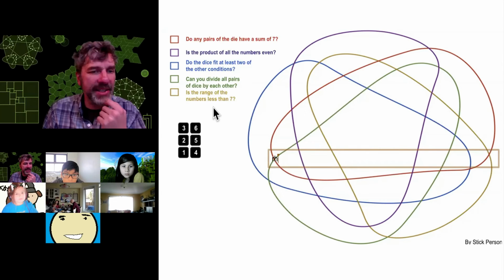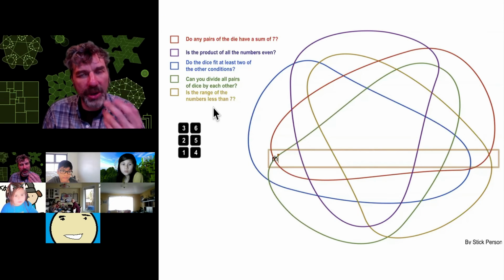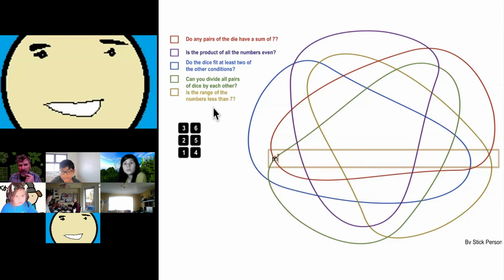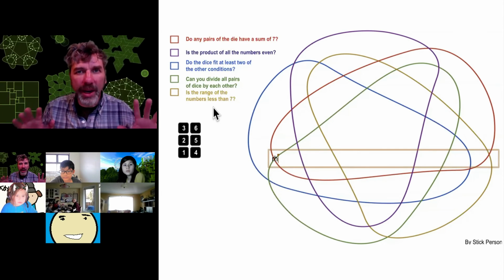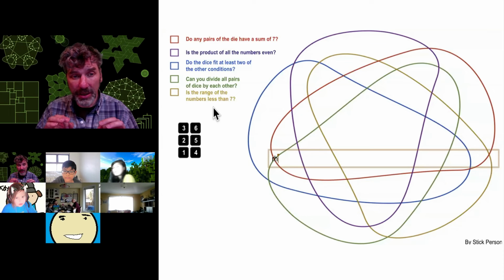But if it's a 6-sided dice, then the largest possible would be 6 and the smallest possible would be 1. No, like throughout the set of dice. So imagine that I'm rolling 100 dice. I'm taking the largest one and the smallest one and subtracting them. Is that what you mean? Yes.